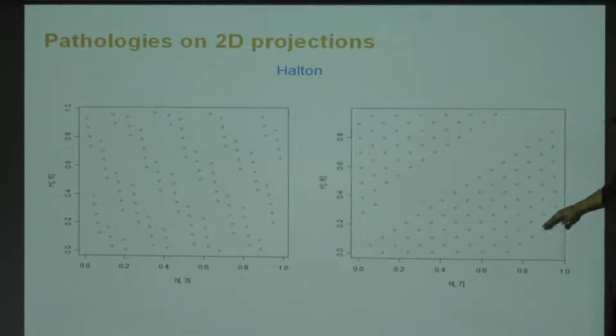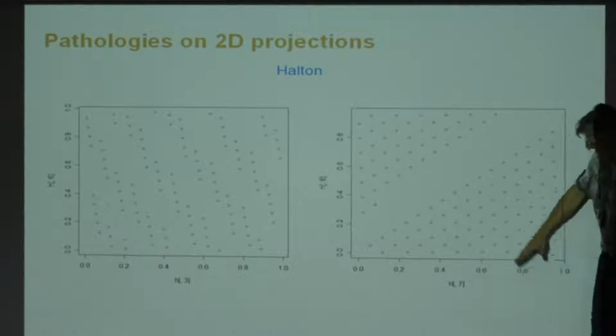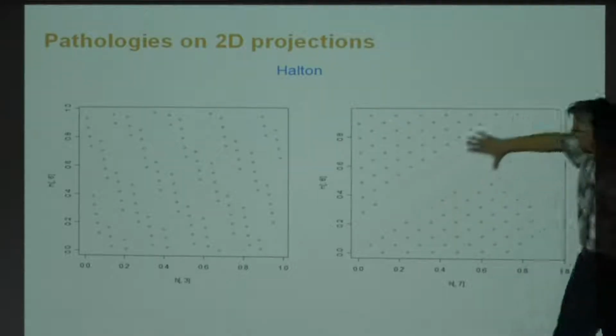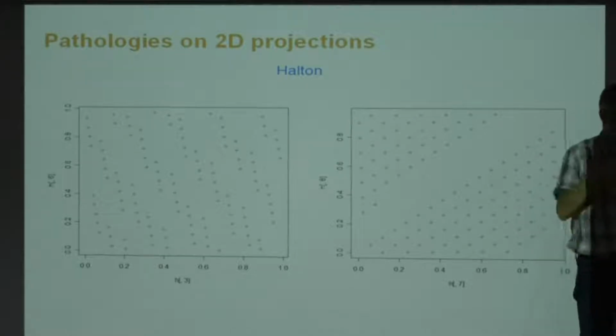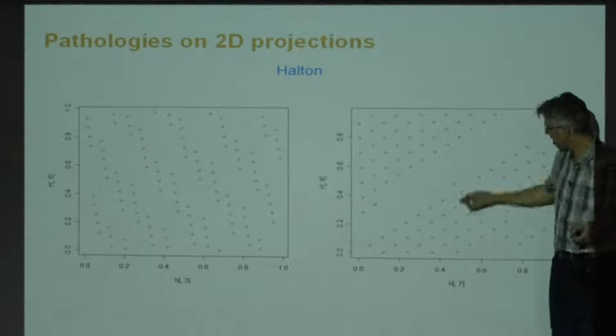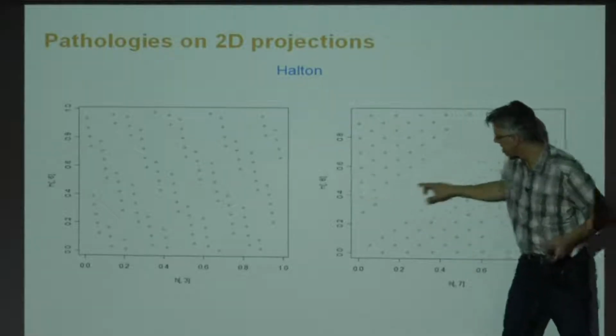And here the pathology in the projection 7 and 8, which is well known, is that you have pure alignment and an empty space which has been created by this construction of regular fractions. So this can be a problem when we explore the model, because you will have no point for this kind of combination of x7 and x8.